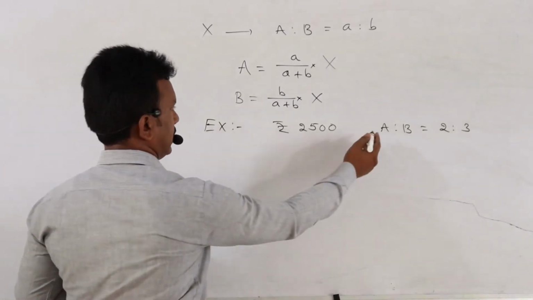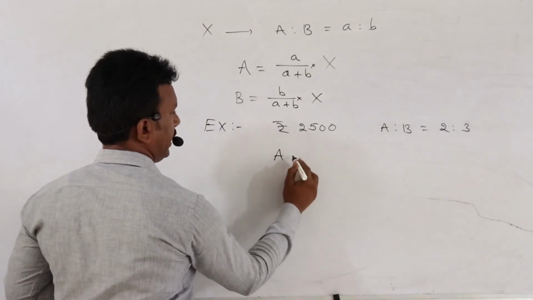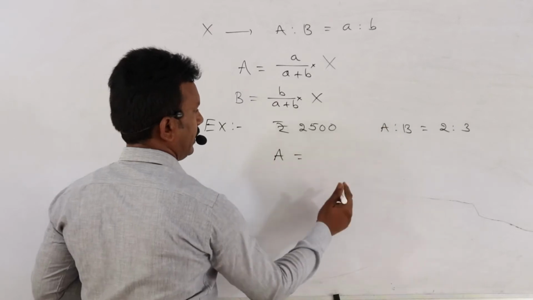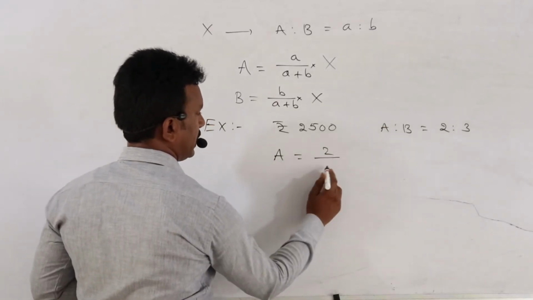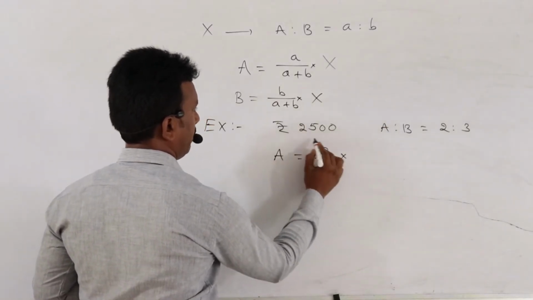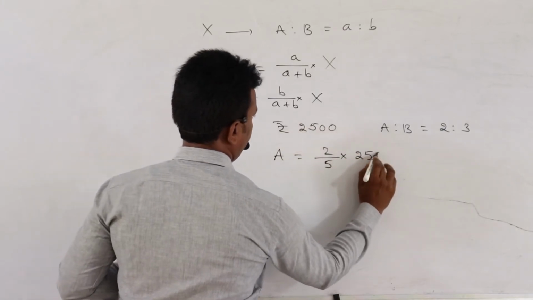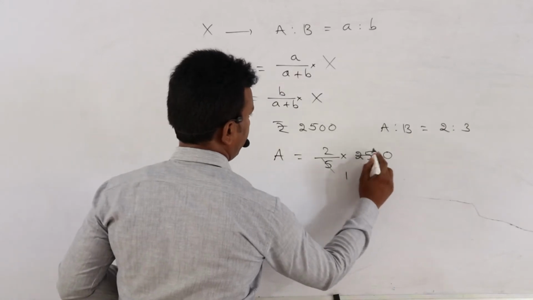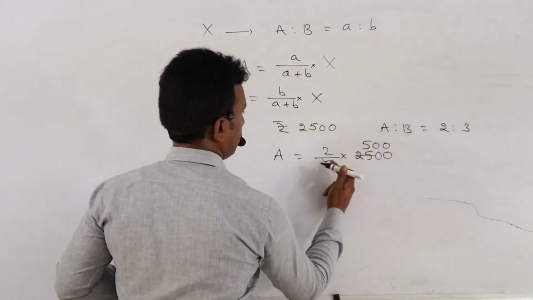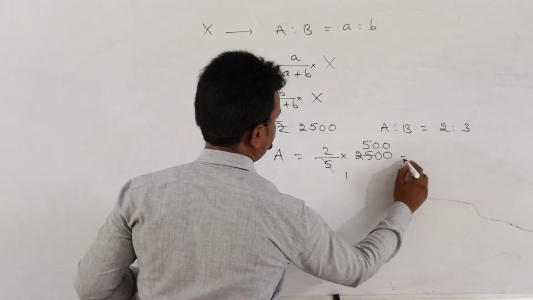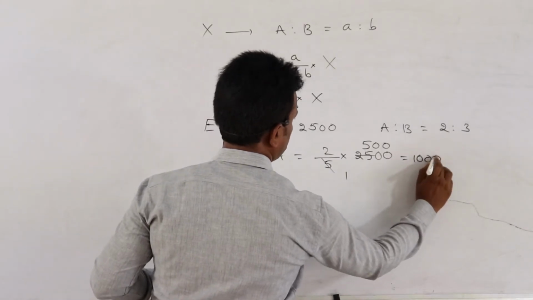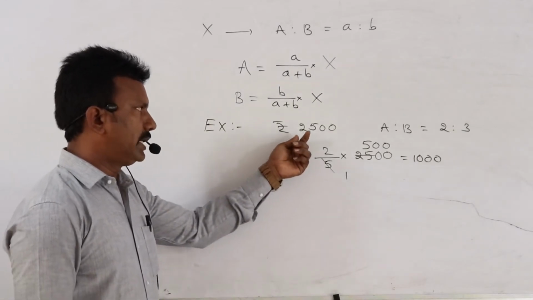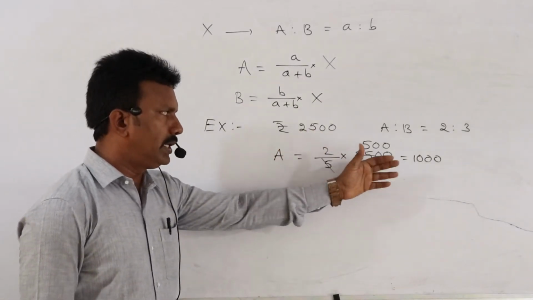The amount received by A is 2 by 2 plus 3, that is 5, into the total money 2500. 5 divides 5 ones, 5 fives. So 2 into 500, that is 1000 rupees. The share of A in this amount 2500 is only 1000.